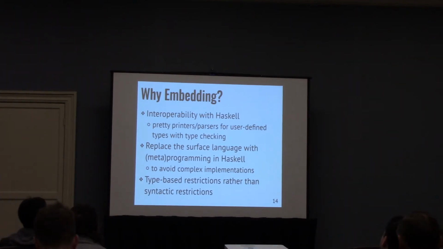Also, we want to replace the surface language with programming in Haskell, because the surface language comes with fairly complex syntax restrictions, and it has to be converted to a core language with fairly complex program transformations, that is, partial evaluation and fusion. We want to avoid such a complex implementation. Also, we prefer a type-based restriction rather than a syntax restriction for the treelessness restriction.